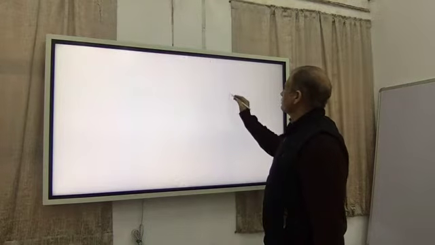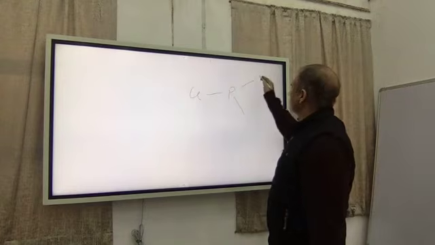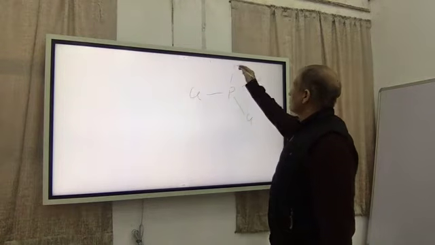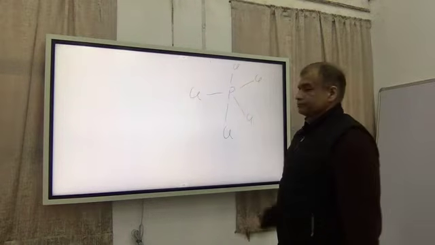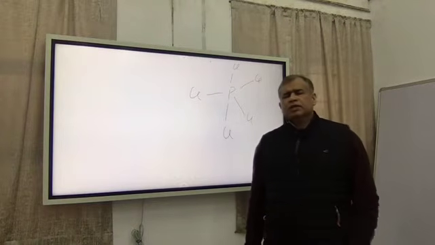Let's go to PCl5, which is TBP, a trigonal bipyramidal molecule. It will have the same situation as in BCl3.